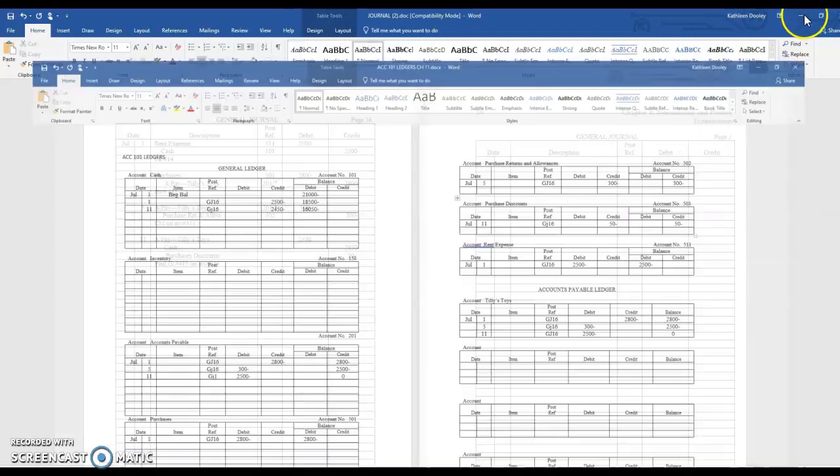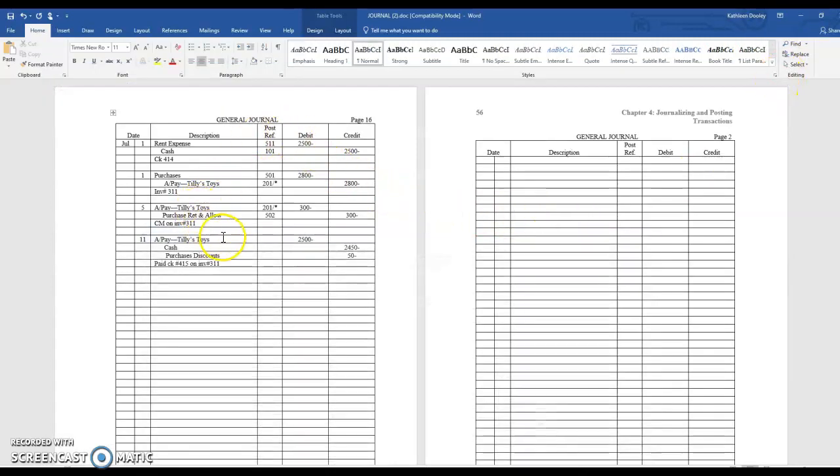Okay. We go back to our journal and we posted accounts payable to account number 201, and we posted Tilly's Toys also, so we put the asterisk. We posted to the cash the credit of $2,450, and we posted to purchases discounts account 503, the $50 credit.